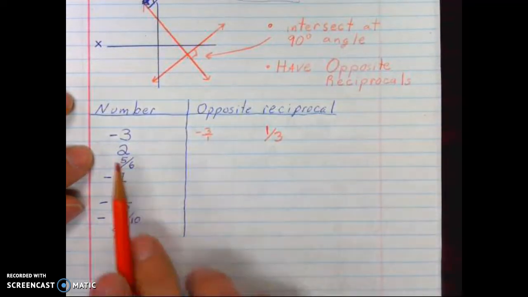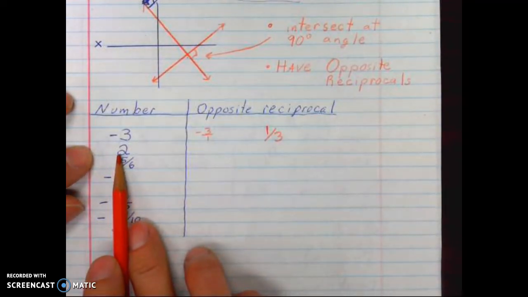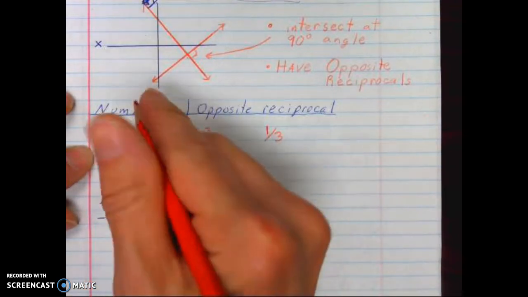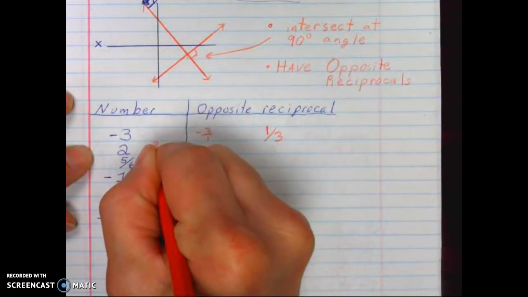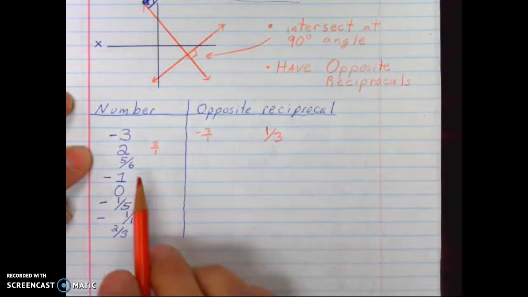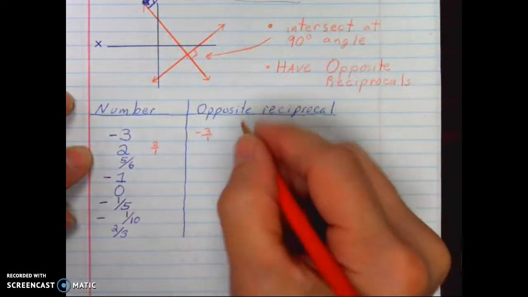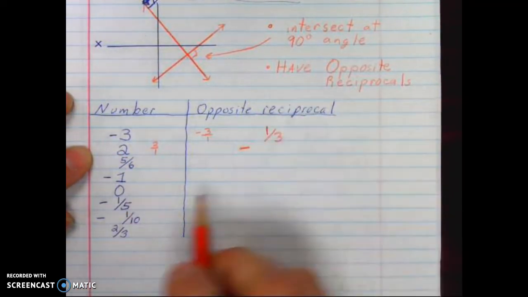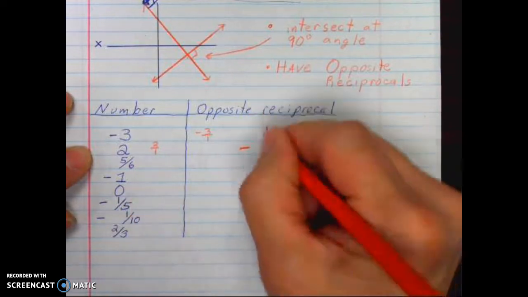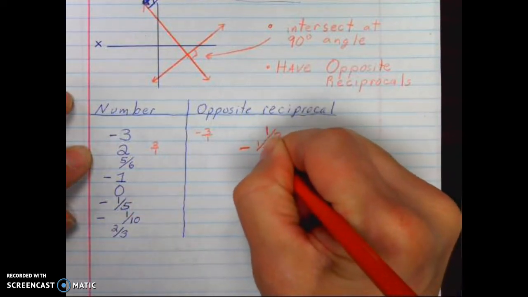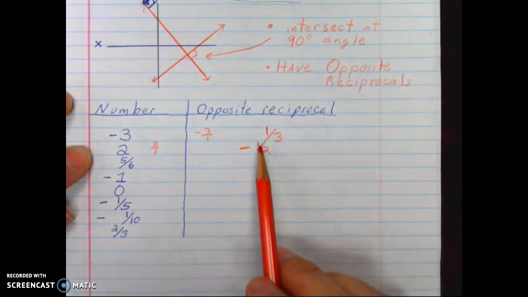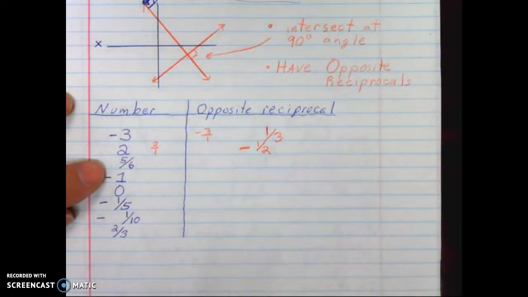So again, looking at number 2, you can put it on top of a 1, right? So we can literally go 2/1. But what is the opposite? Well, this time, since it's positive, we're going to make it negative, and we flip this, and it becomes -1/2. Hopefully you're seeing a little bit of a pattern when it comes to whole numbers. Now, if you see a fraction, I think it's actually easier.